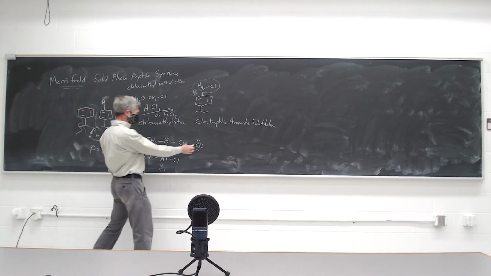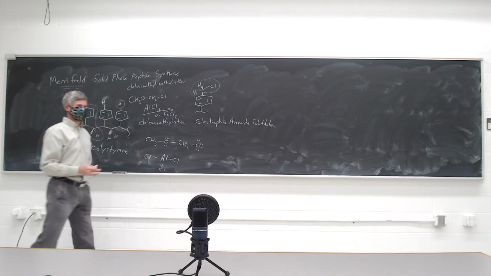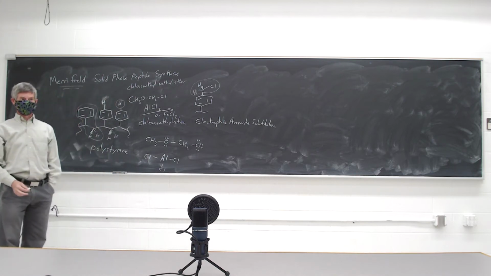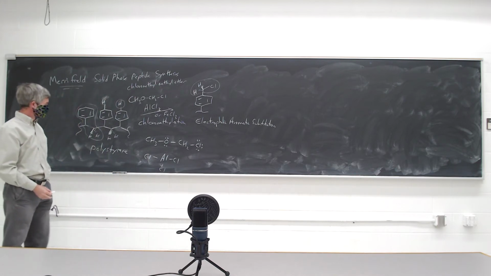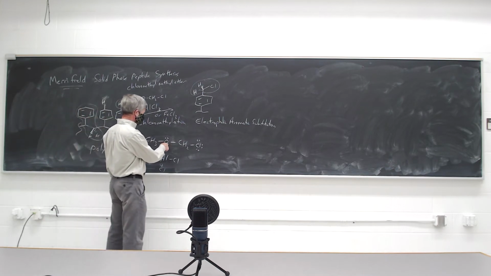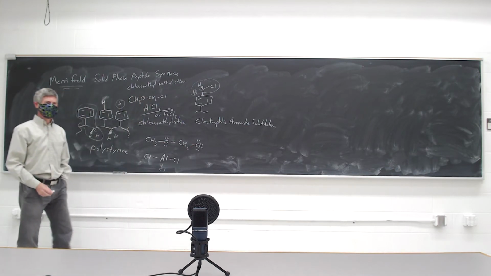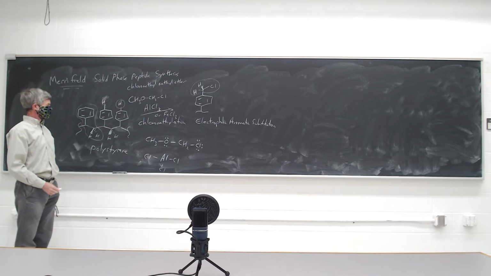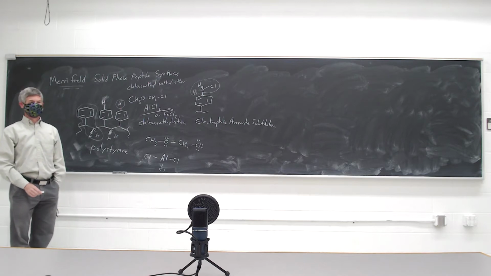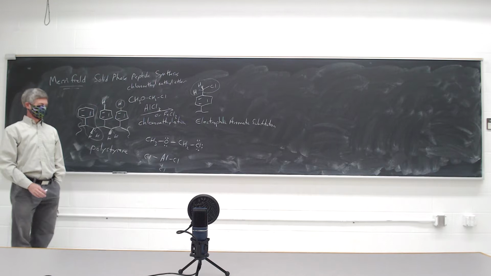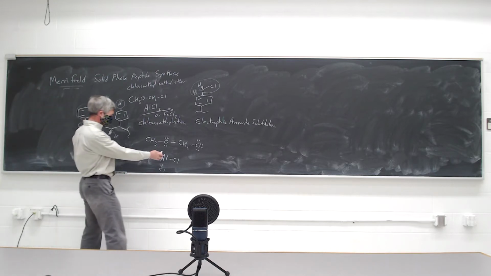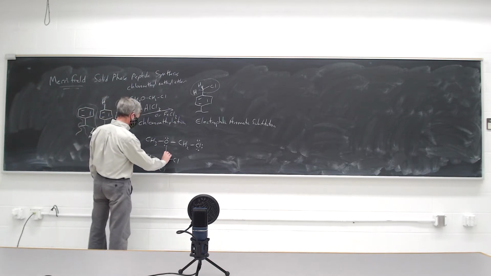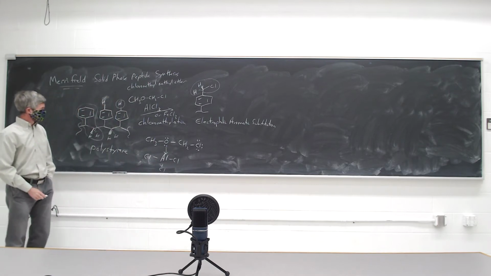So you might think that the chlorine is going to attach to that, because that's what happens in the Friedel-Crafts alkylation and the Friedel-Crafts acylation. But who's more electronegative, oxygen or chlorine? So which one has the larger partial negative charge? Oxygen. So I drew the aluminum right under the oxygen because it's the oxygen that's going to attack it.